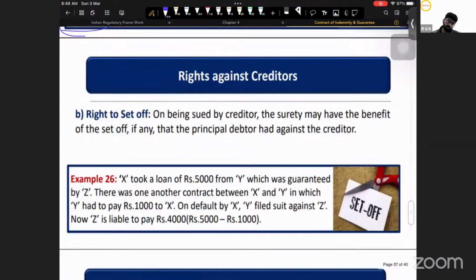Moving on further. The second right is the right to claim set off.